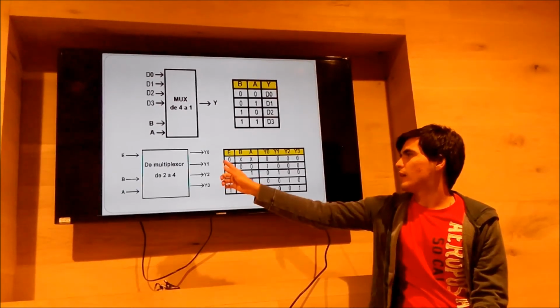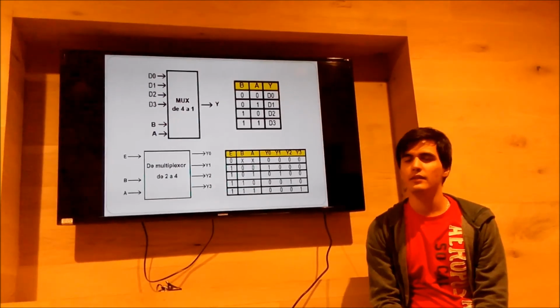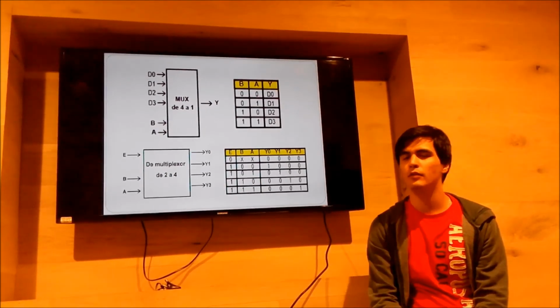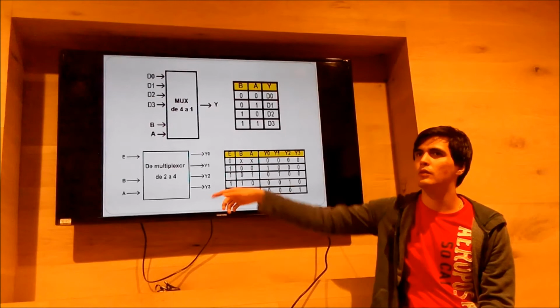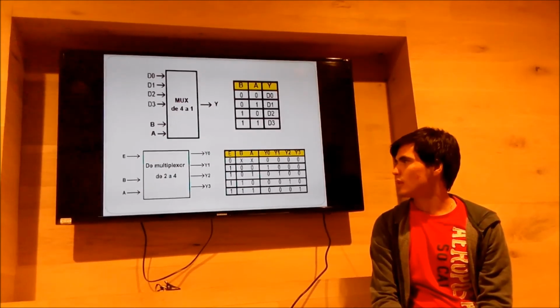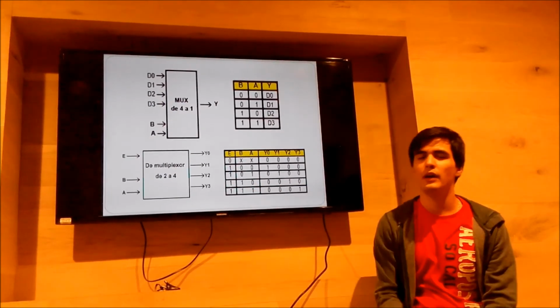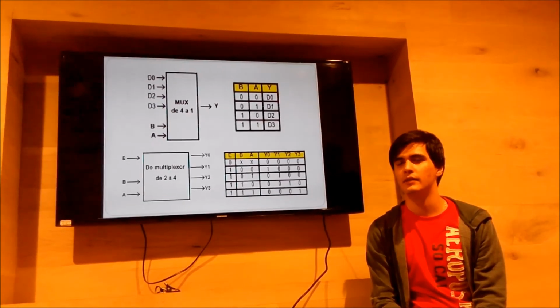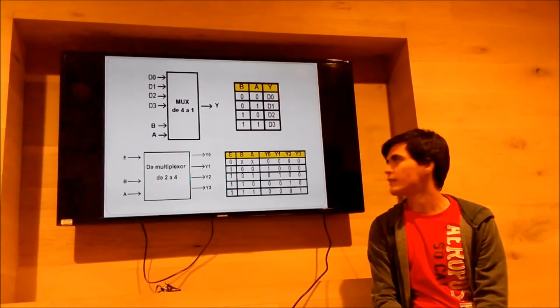Then we have a drawing of a demultiplexer. It's the same but backwards, because you only have one input and you can vary the outputs, but you also have the selective lines. For example, if you have 0 in the input, it doesn't matter what you have in the selective lines, you will have 0 in everything.